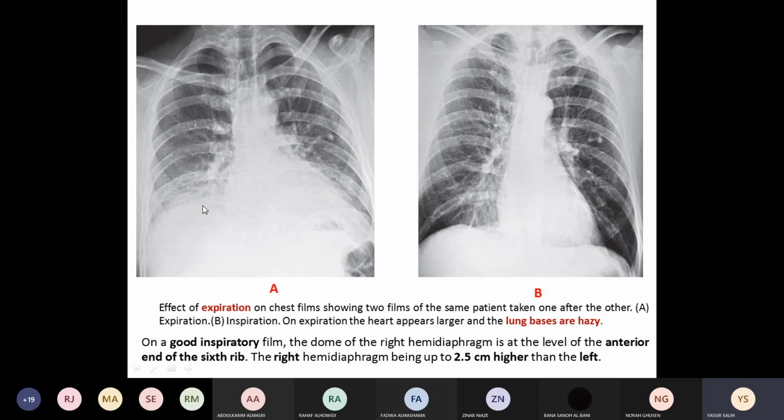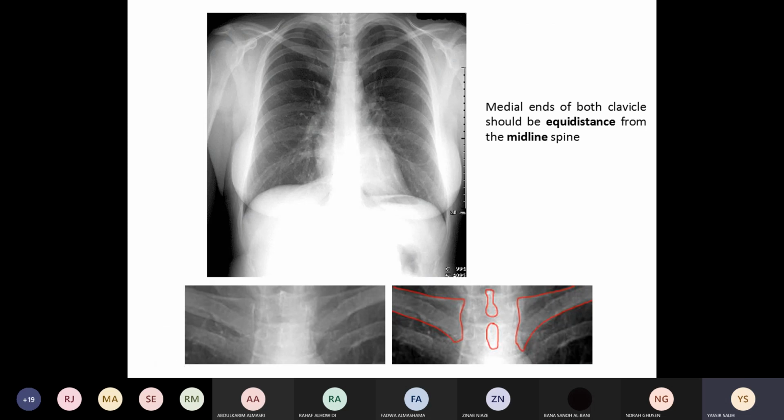If the right hemidiaphragm is at the level of the anterior 6th rib or more, this is 6 to 8, this means this is a good inspiratory film. But if it is higher, the patient did not take a deep breath. And you also have to know the right hemidiaphragm is higher than the left one by 2.5.